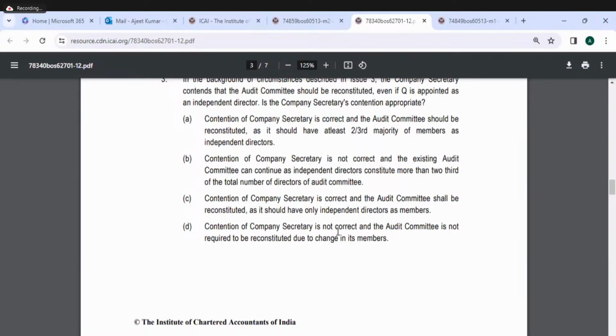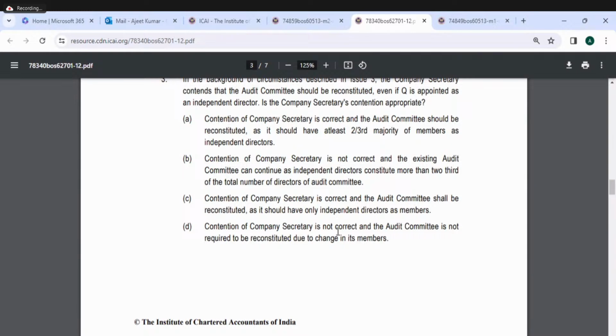Now let's go to option A: contention of company secretary is correct and the audit committee should be reconstituted, as it should have at least 2/3 majority of members as independent directors. This is a correct option because we know that 2/3 of the majority of members should be independent directors. But let's see what is there in option C also. It says it is correct, as it should have only independent directors as members.